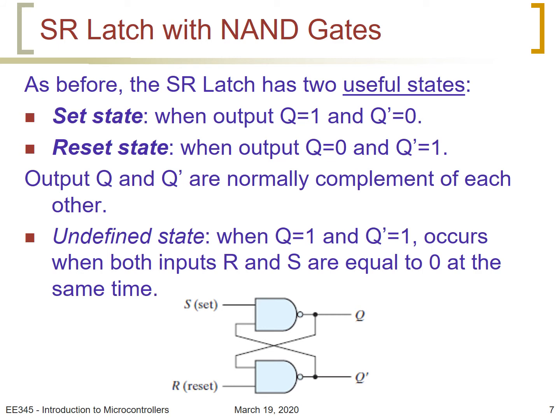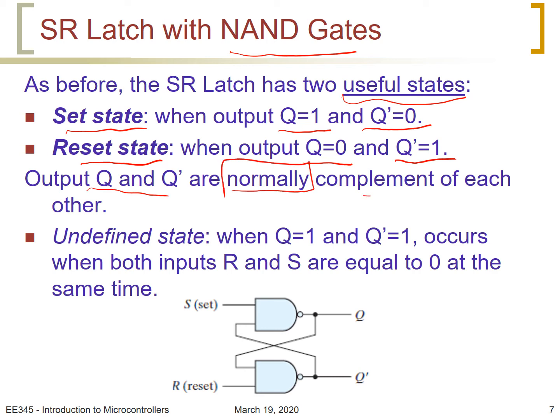Same thing actually with the latch with NAND gates, exactly same way of analysis we followed here. It has also two useful states: the set state when Q is equal to 1, and of course Q prime is equal to 0, and the reset state when Q equal to 0 and the Q prime is equal to 1. Also, Q and Q prime are normally the complement of each other.